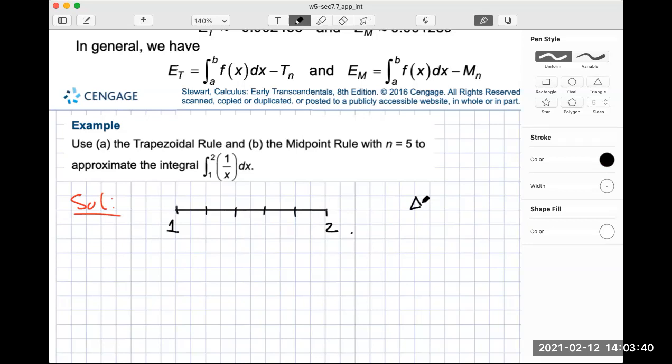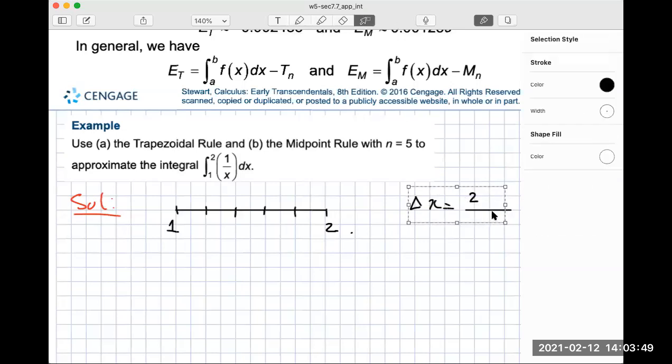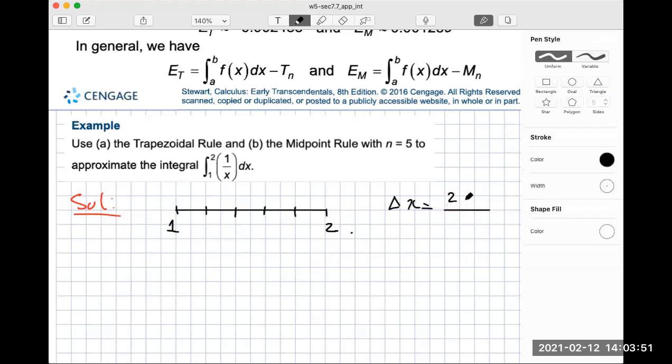Then delta x will be, what is it from the formula, upper limit minus lower limit over n, which is 1/5.